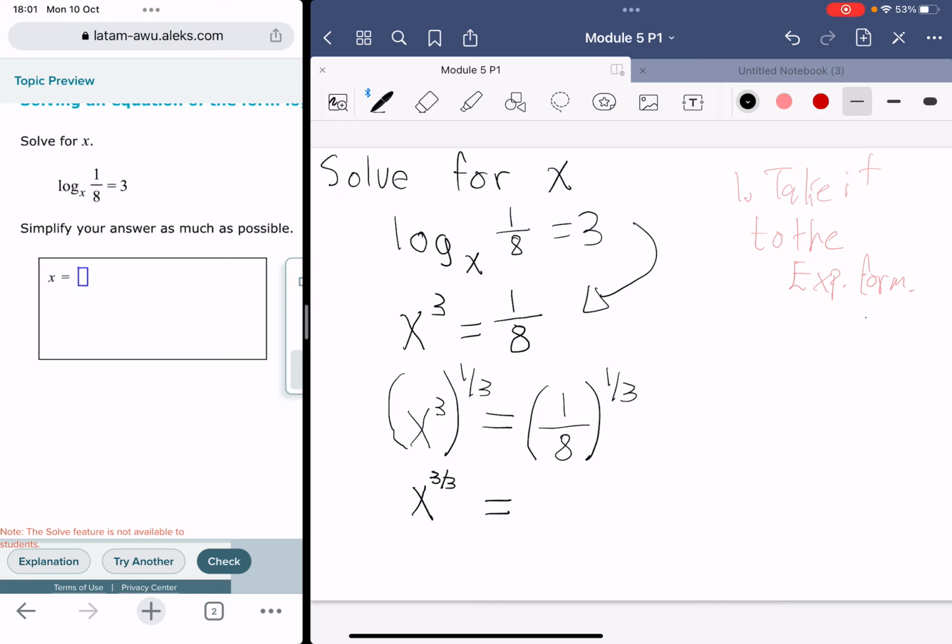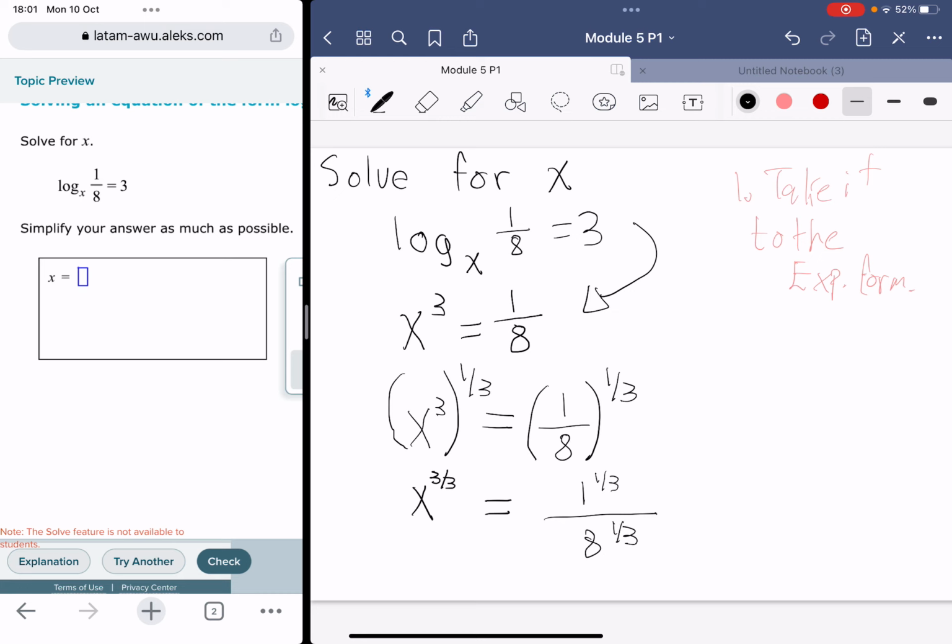And there's another property that tells me that when you have a fraction to an exponent, say square, you can divide the square into the numerator and the denominator. And it's the same. And I'm gonna do that on the right side. I'm gonna leave 1 to the 1/3 over 8 to the 1/3.